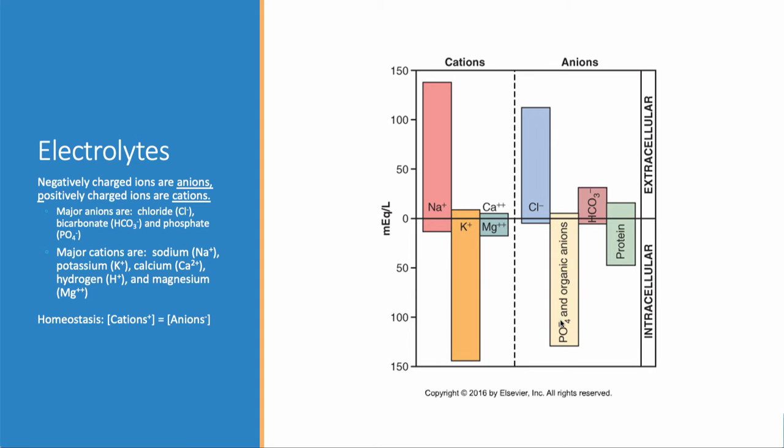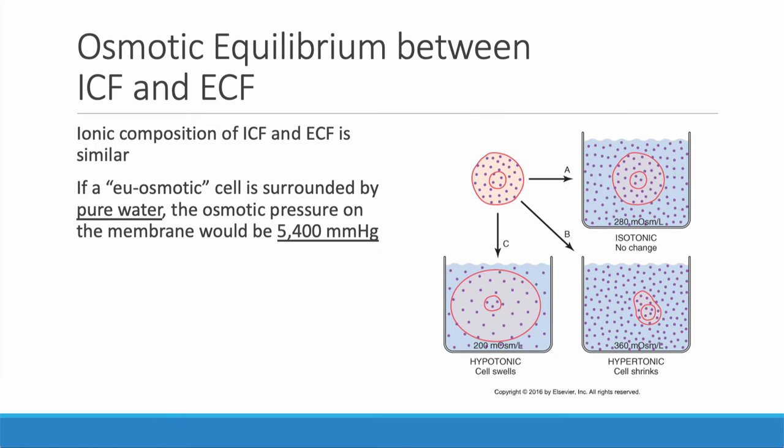So phosphate is an intracellular substance, and chloride tends to be in higher concentrations outside the cell. So the major anions plus the major cations form a homeostatic mechanism, right? When the cation charge equals the anion charge, that is homeostasis.